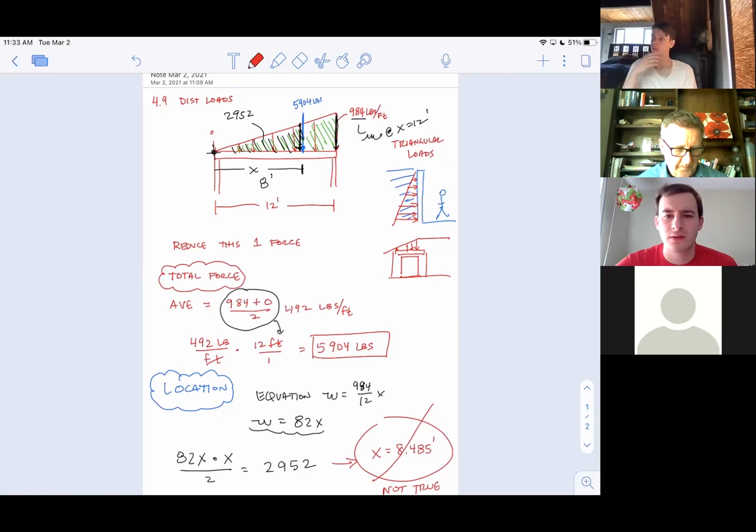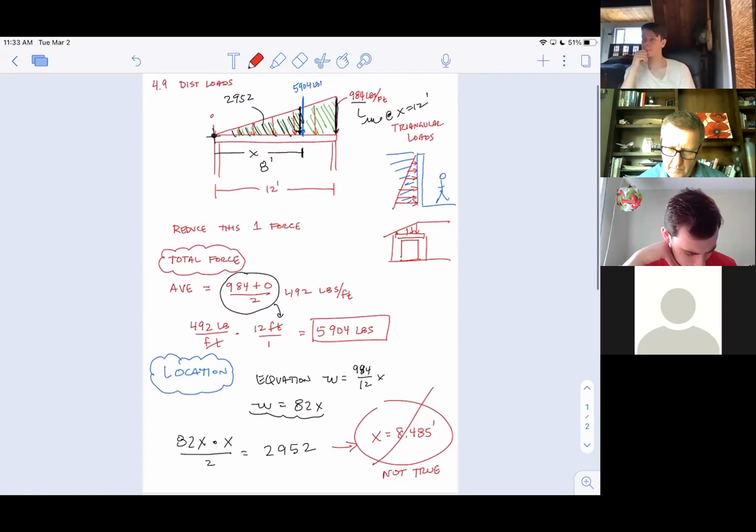I wonder if it maybe has something to do with it being in pounds per foot and not actually in pounds. Well, no, that would, I guess that is in pounds, not a 50904. Hmm.